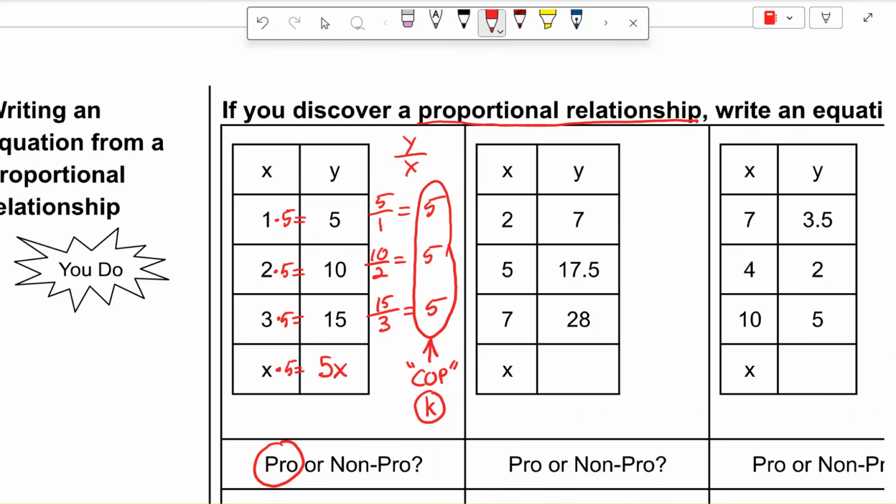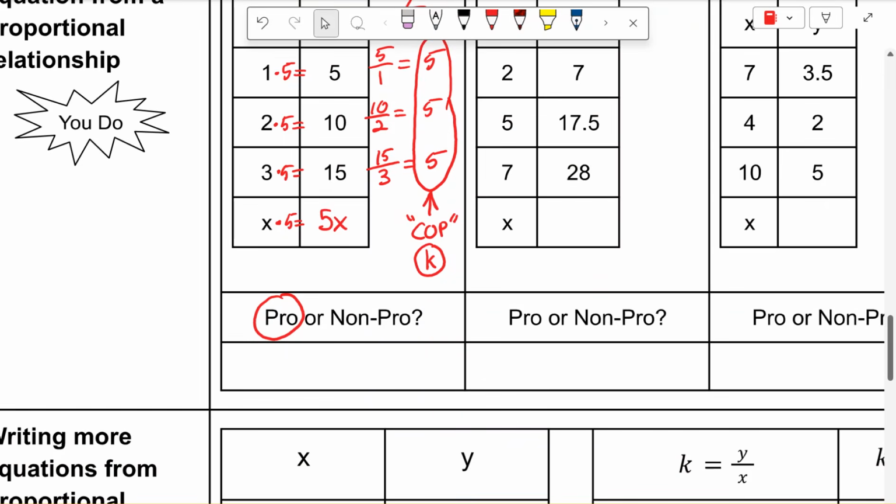We put the number in the front, our coefficient, and x next to it with no multiplication sign because it means to multiply. All right, so this tells us what to do here. Let's write our equation. So y, doesn't matter what our y is. What did we do to it? We took our k, our 5, and we multiplied it by the x. And what did we get? We got the column.